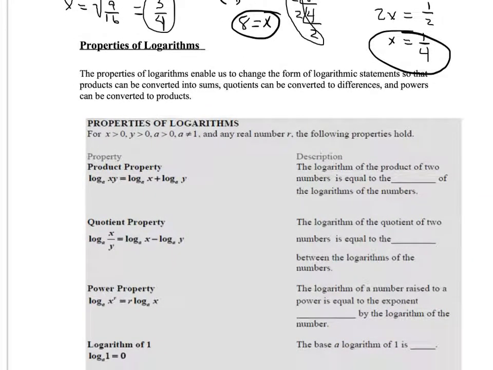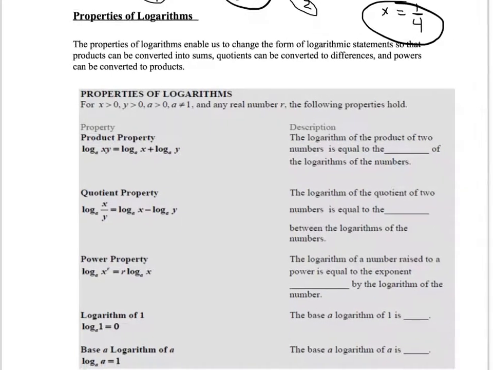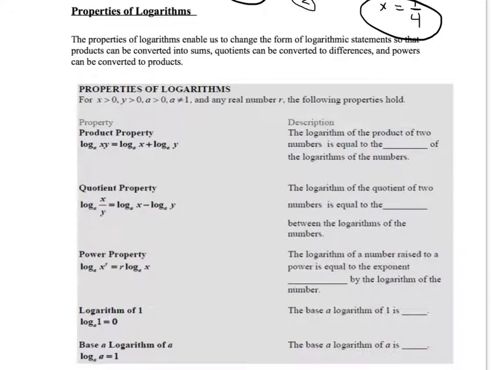Now, within working with these log equations, there are times that we may need to even rewrite what we see in a little cleaner form. And to do that, we need to know some properties or some rules of working with logarithms, very similar to the rules we reviewed on exponents as we began this chapter.